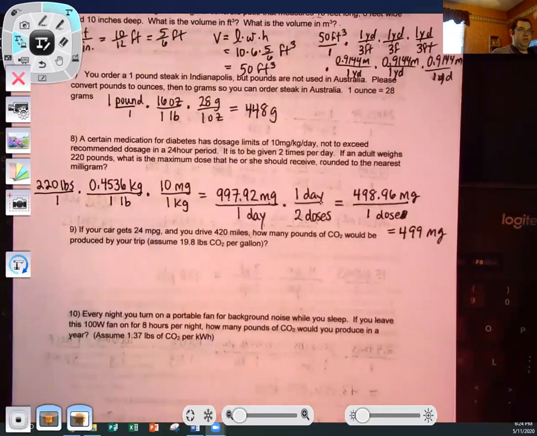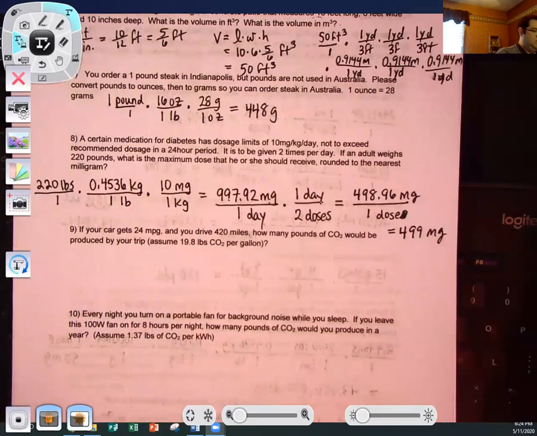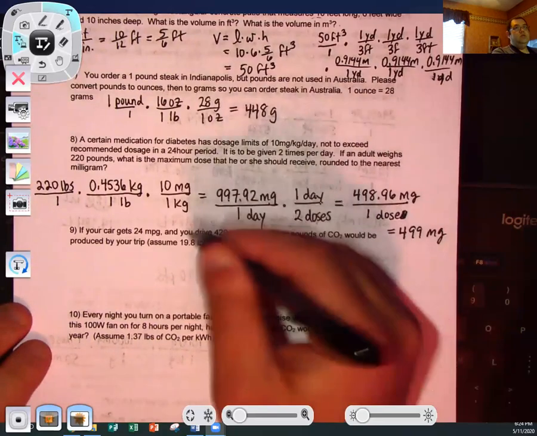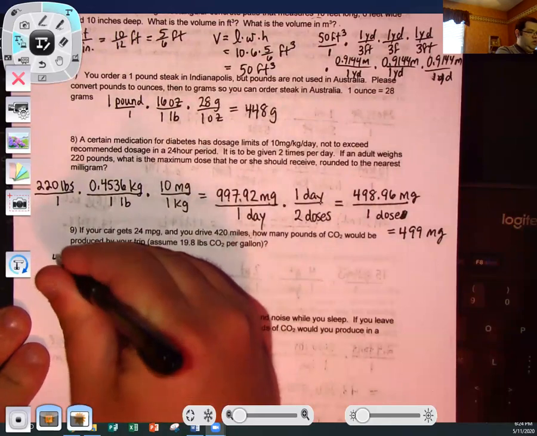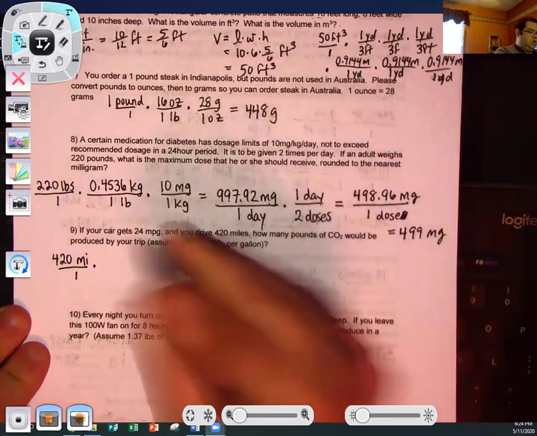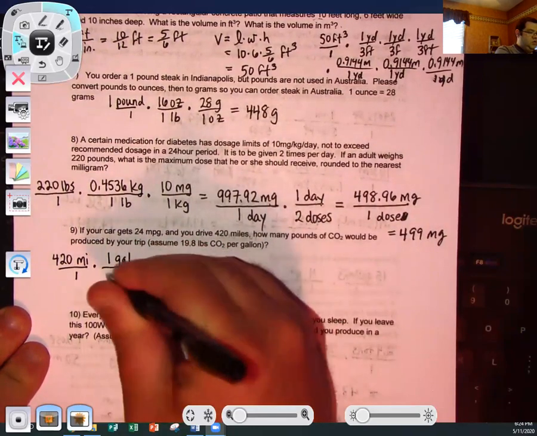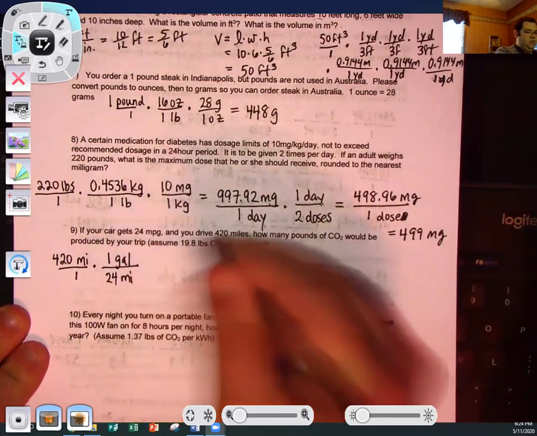All right, number 9, if your car gets 24 miles per gallon and you drive 420 miles, how many pounds of CO2 would be produced on your trip, assuming that it's 19.8 pounds per gallon of CO2? So with this one, you would start with the 420 miles. You would multiply by the fact that there's 1 gallon for 24 miles. That's your gas mileage.